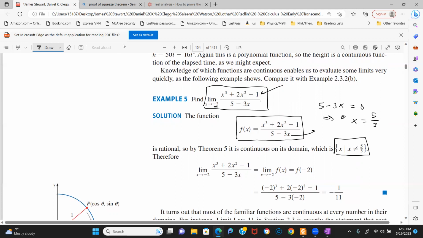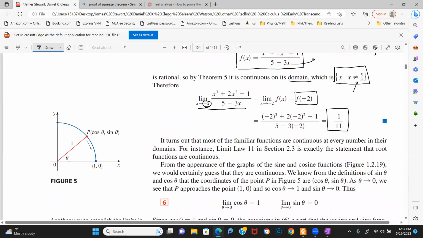That will give you a 0 denominator, so you want to remove that point from the domain. But in particular, -2 is a point in the domain where the function is defined. So to evaluate this limit, you could just plug -2 into the function. Actually, this is an example we calculated already. 1/-11.